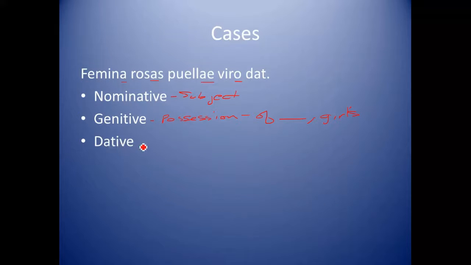The third case, the dative, can do a number of things, but the basic use is what we have, the viro here. It is the person that benefits from this action. So we sometimes call this the indirect object, if you remember from your English grammar. So the woman gives roses of the girl to the man. And sometimes you can translate this as to or for.